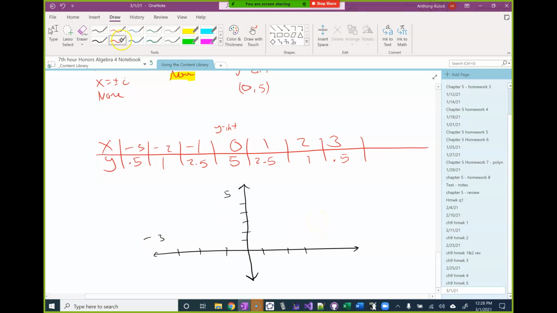I have just my horizontal asymptote here. And then -3 and 0.5, -2 and 1, -1 and 2.5, 0 and 5, and then kind of the same over here.